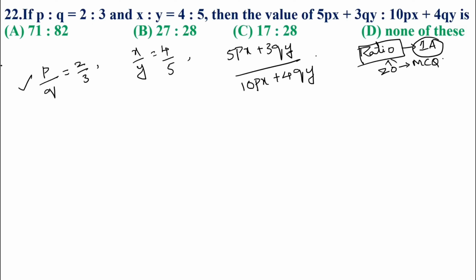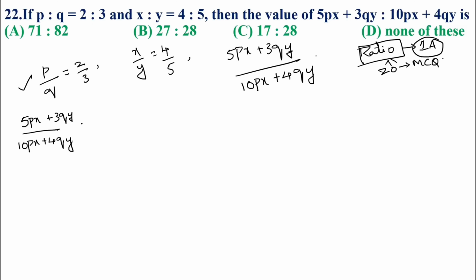Just divide the numerator and denominator by qy. So this will become (5px + 3qy) by (10px + 4qy).